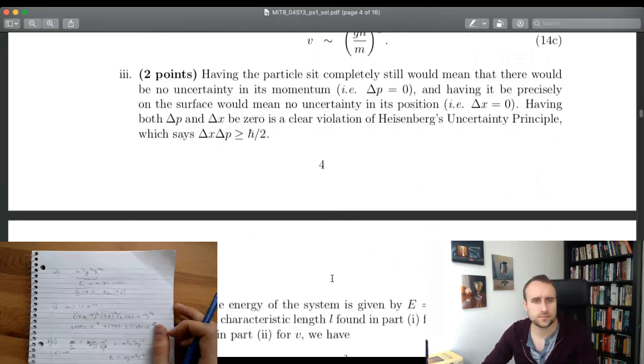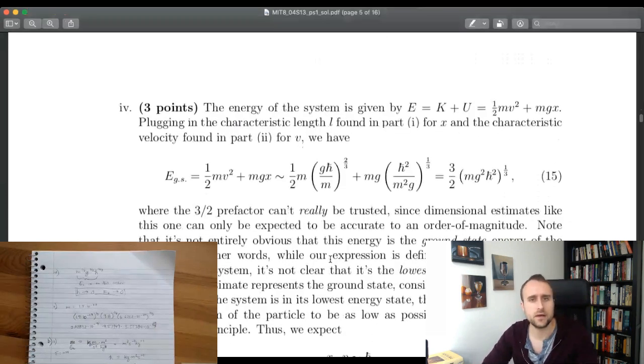V, the energy of a system given by this, plugging the nearest length. Oh, okay, hold on a second. One half. Okay, but that's what we did calculate, right?